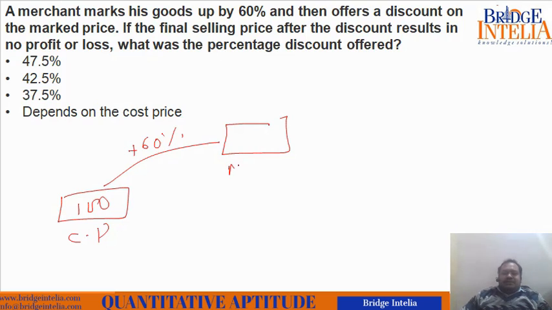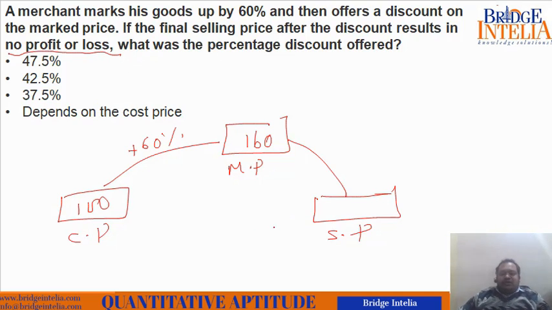So the markup price becomes 160. Now you want to give such a discount so that you sell at no profit, no loss. So this is the scenario. You buy for 100, you want to sell it for 100. Just, to show off, you have posted a sticker on it by marking it up by 60%.